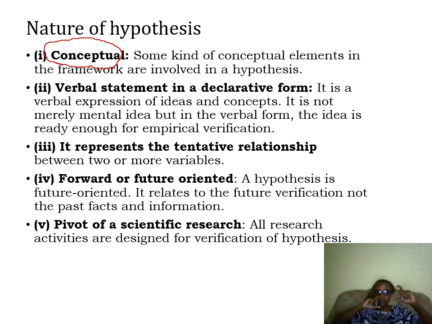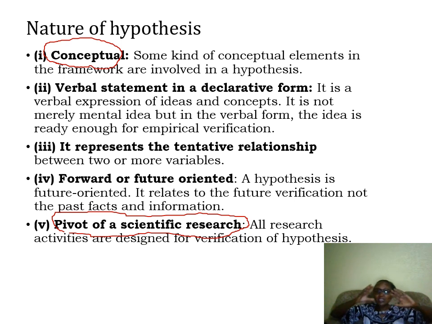There's a tentative relationship. Fourth, we are also forward looking. It's future oriented, something that needs to be verified. The key point is that it is a pivot for scientific research. Later on, we shall look at how a hypothesis makes research more focused.